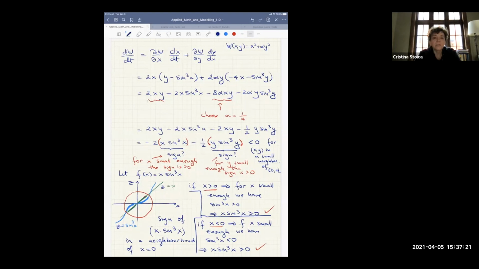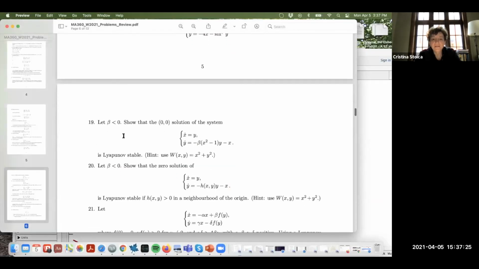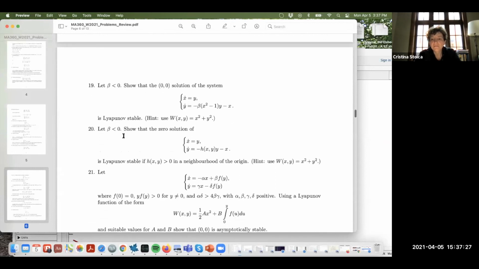Here, I'm going to share my screen. Okay. So exercise 19, okay? Or 20. 19. Okay. There you go. Okay, I'm going to write it and then move to my tablet.